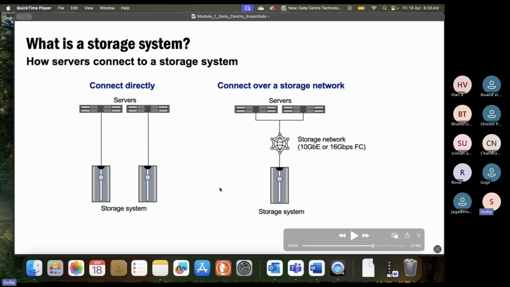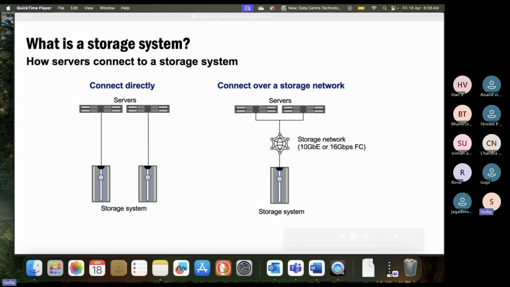So the diagram that you see on the left, where it says connect directly, was the initial design when storage systems were architected.